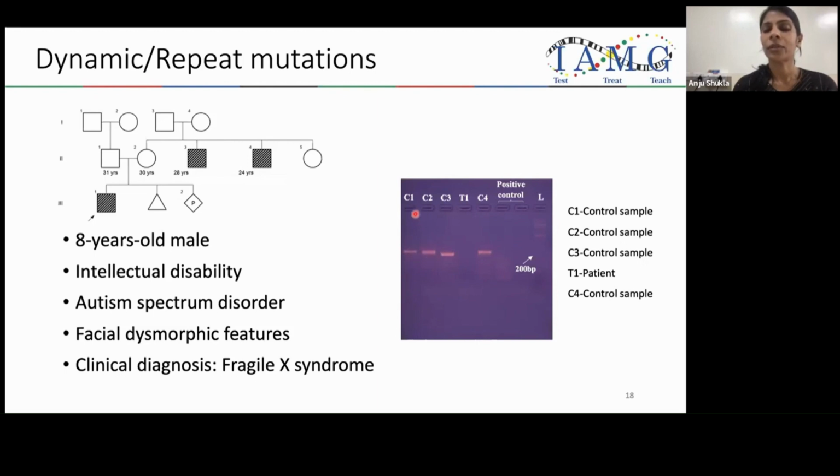So in control 1, control 2, control 3, and control 4, which are normal individuals, we can see a PCR product. However, because of the expanded repeat size of more than 200 in individuals affected with Fragile X syndrome, there is no product seen here, which means that there is a possibility of Fragile X syndrome. However, this has to be validated and confirmed by another line of testing.